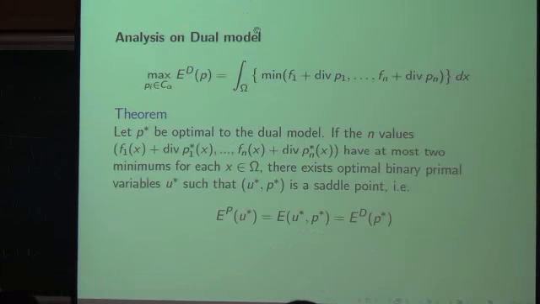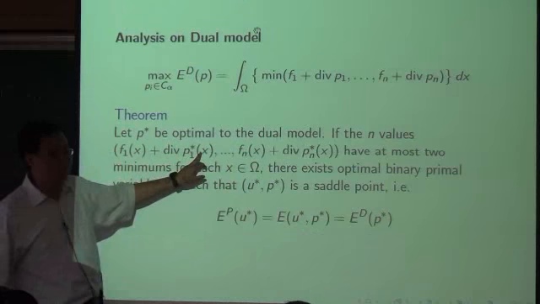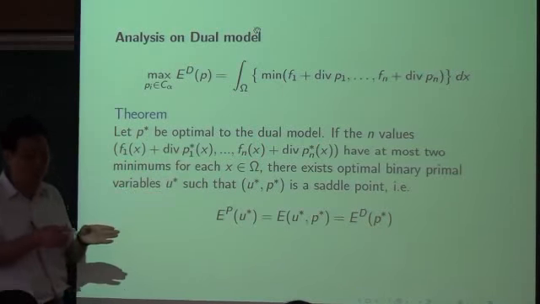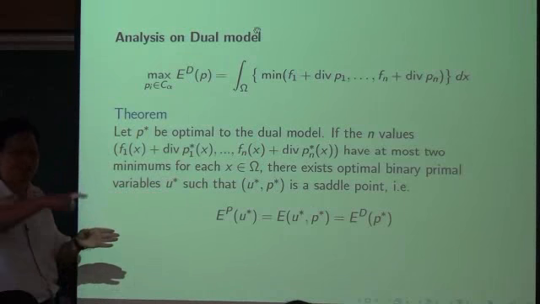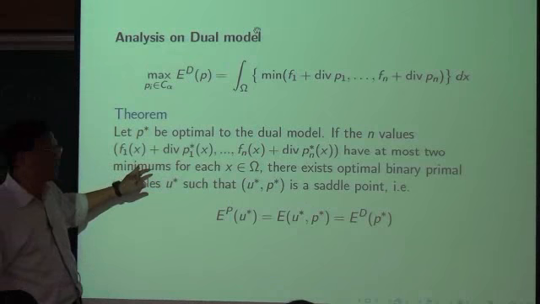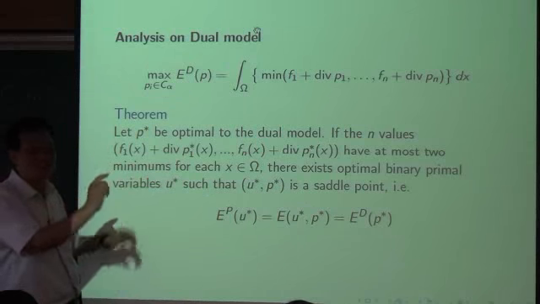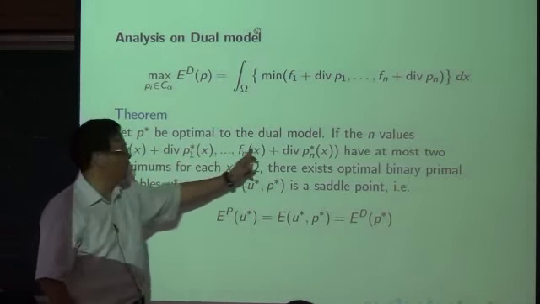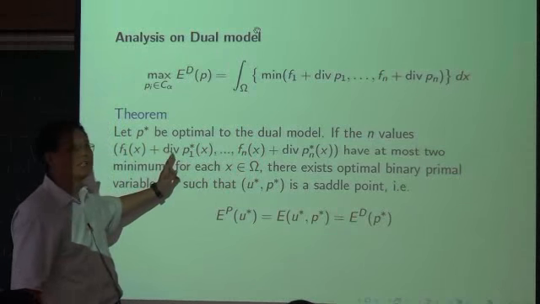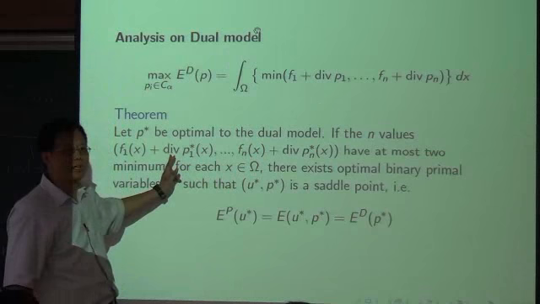But theoretically, if two of them are smallest at every point, and this happens in a region, one way, like he said, is to take a half and a half of the two smallest. But if this happens, I think we can threshold.